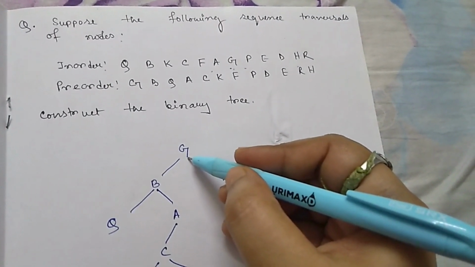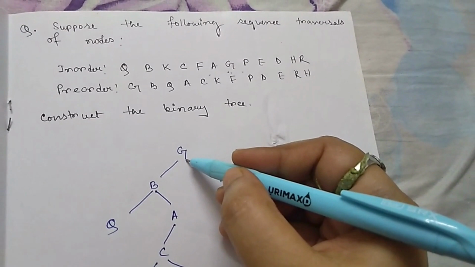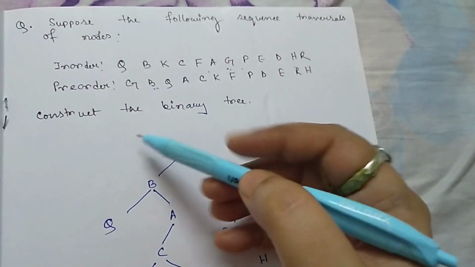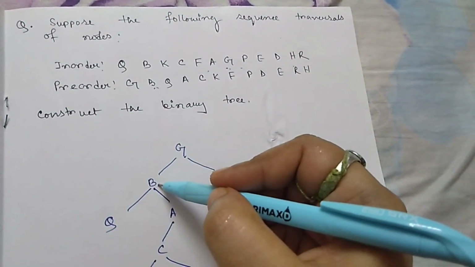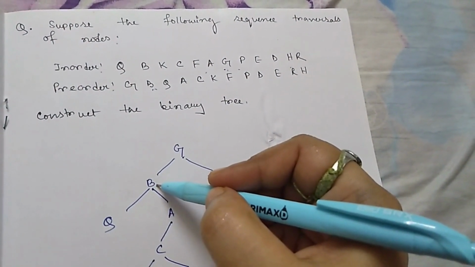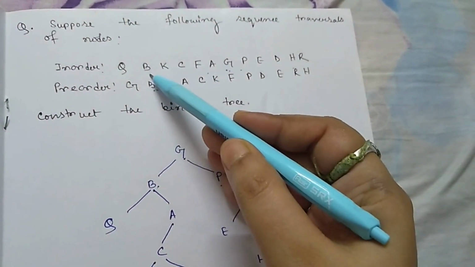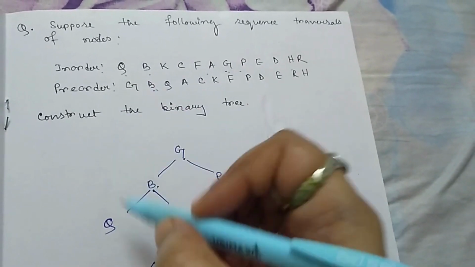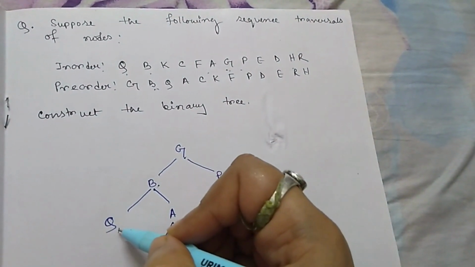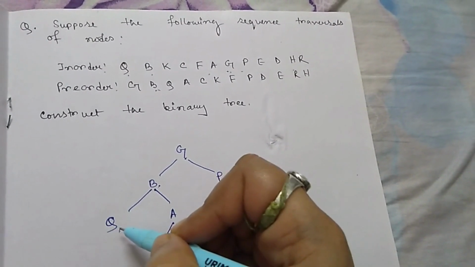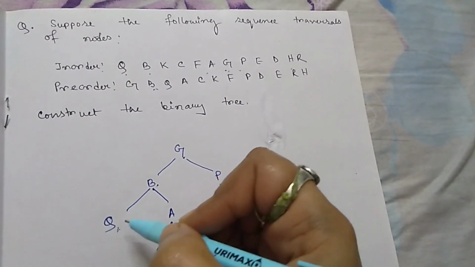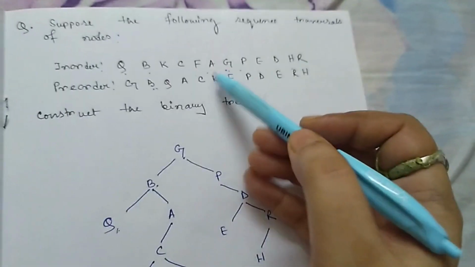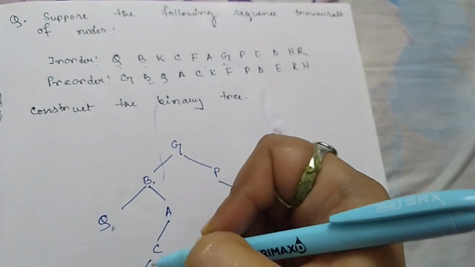Next we have to find the next root of that left subtree, that is B, the second root of the left subtree. For that reason, here we draw the second root, B. If B is the second root, Q is in the left position. For that reason Q is situated here, in the left position of that tree, and the remaining portion, K, C, F, A, is in the right subtree.